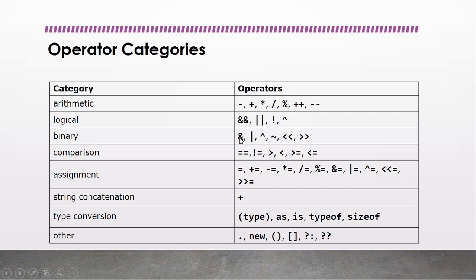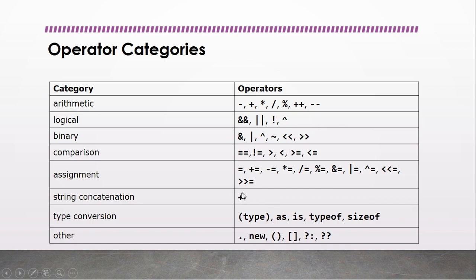Binary operators: and, or, exclusive or, negation, bit shift left, bit shift right. Comparison operators like is equal, is not equal, greater than, less than, greater than or equal to, less than or equal to. The assignment is equal to, compound plus assignment, compound minus assignment, compound multiplication assignment, and so on.